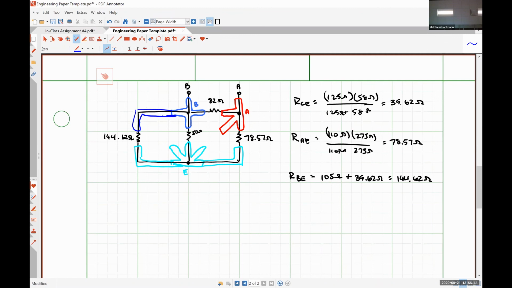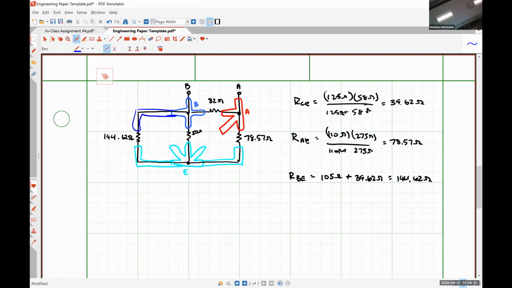And they're also not in series, because there is a branch that goes off to connect to terminal A. So look at the node B and node E and tell me which resistors are in parallel. So the 144.62 and the 50 are in parallel. Can everybody see that? All righty.